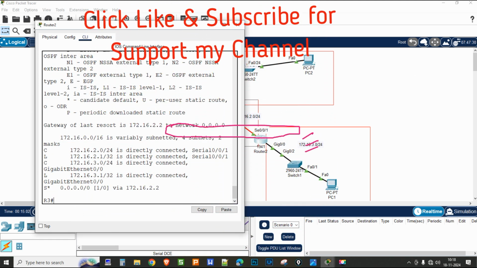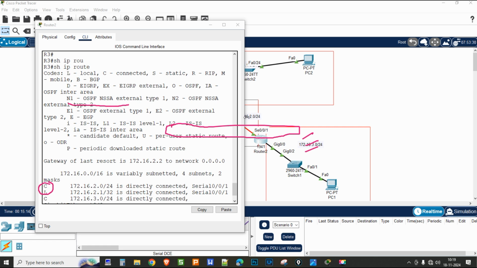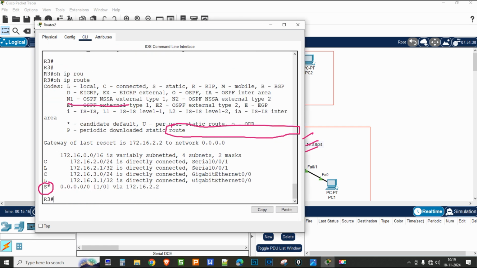So default static routes, it can show S star candidate default. Here this is the default route parameter. S is the static route, standard static, and candidate is the default. This is the default static routes.